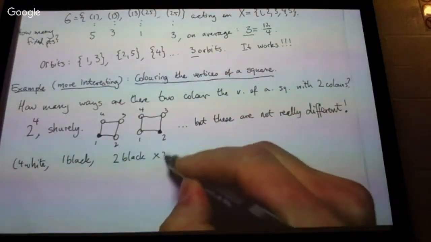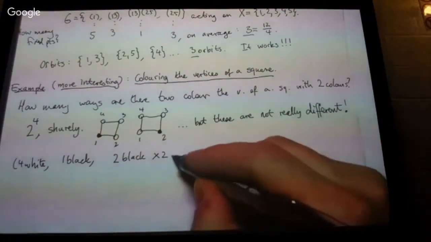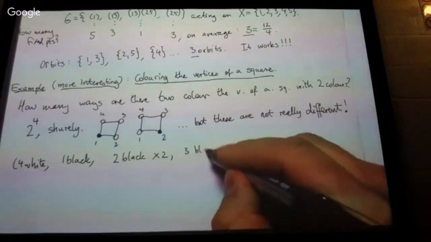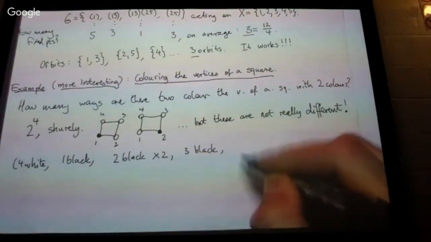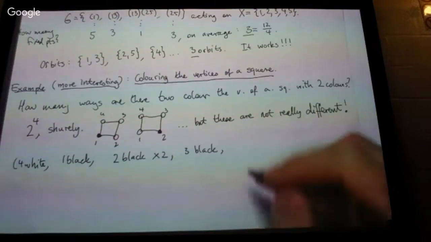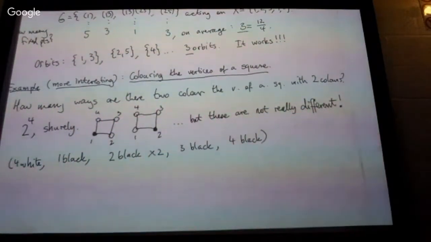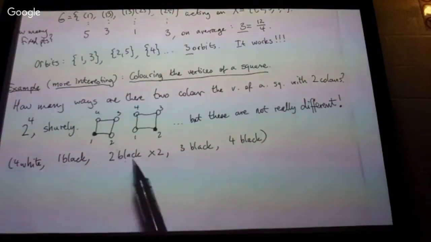There are 2 different ways, adjacent black and opposite black. And there's 3 black. They're all the same. And then there's 4 black. That's it. So it's 1, 2, 3, 4, 5, 6.